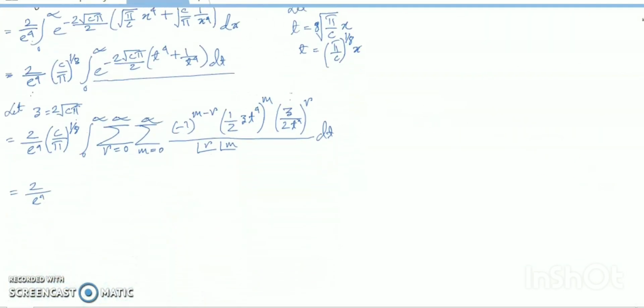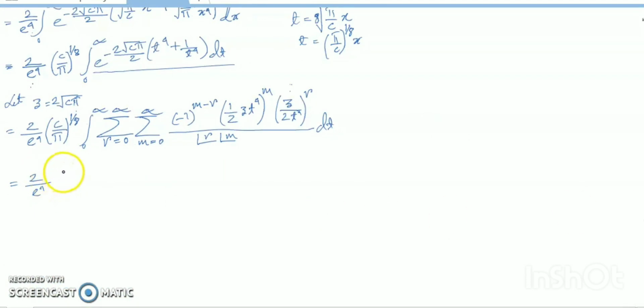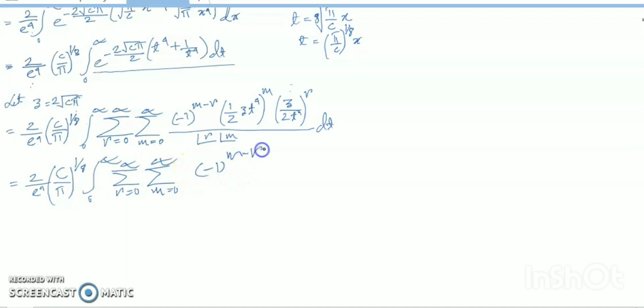Okay, so it can be written as (c by pi) whole to the power 1 by 8, integration 0 to infinity, r equals 0 to infinity, minus 1 to the power m minus r.